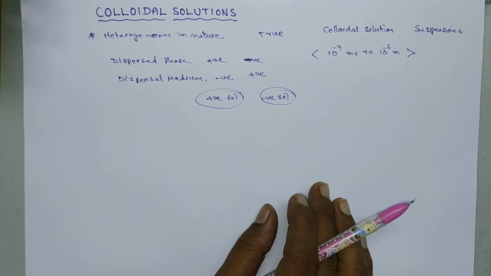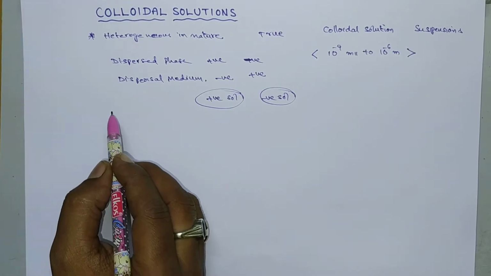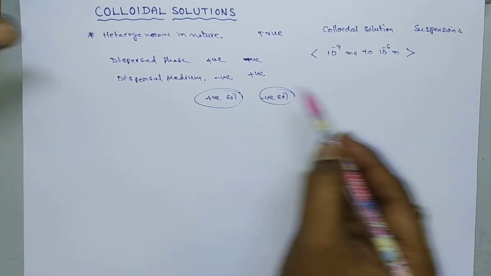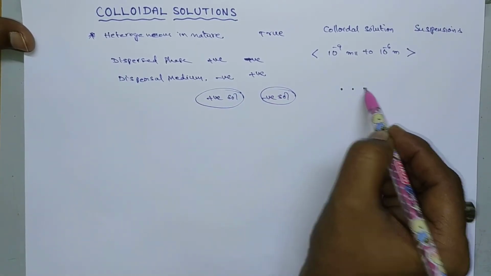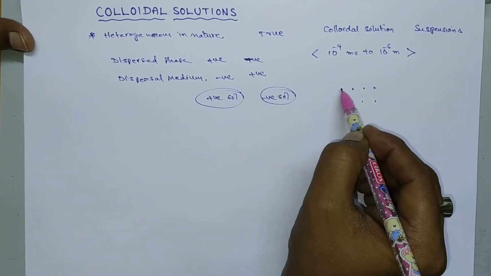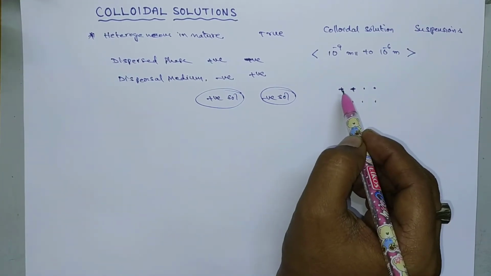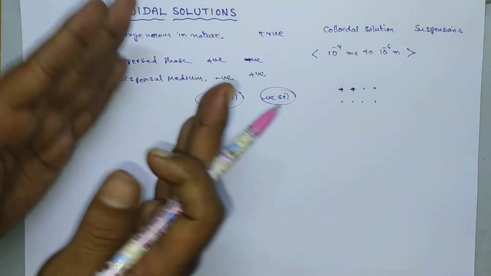Due to the presence of these charges, the colloidal system is mostly stable. Suppose you take the dispersed phase particles of a positive sol. These particles exhibit positive charge, so they repel each other and do not associate with each other.